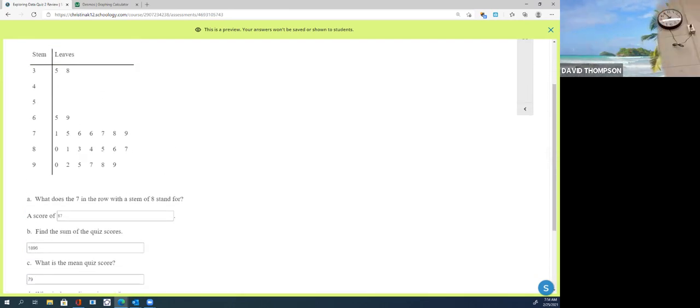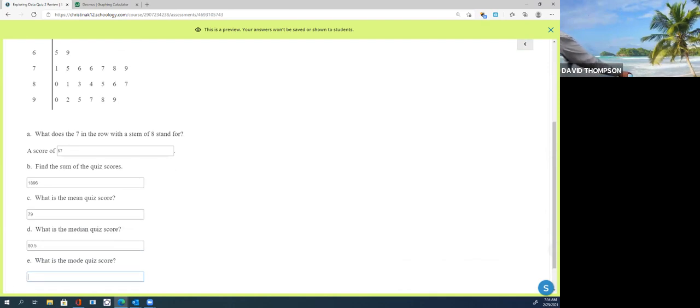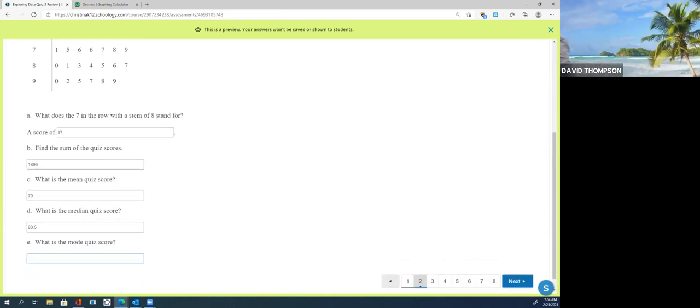So in the line of 7, there's 2 6s repeated, so that means the mode score has to be 76. I don't see any other repeats in any other lines. Okay, I'm going to pause and poll and see any questions based on that question.